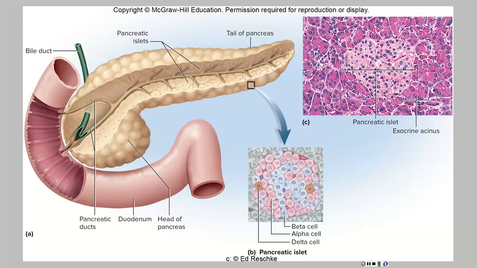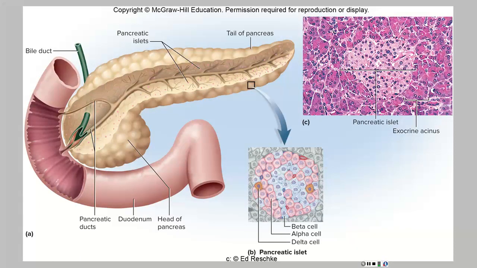It's going to be those acini cells. And the acini cells are these darker pink structures. The acini cells make those digestive enzymes and the bicarbonate. And that is what empties into this pancreatic duct, which then drains into the duodenum. So the acini cells are the exocrine part.